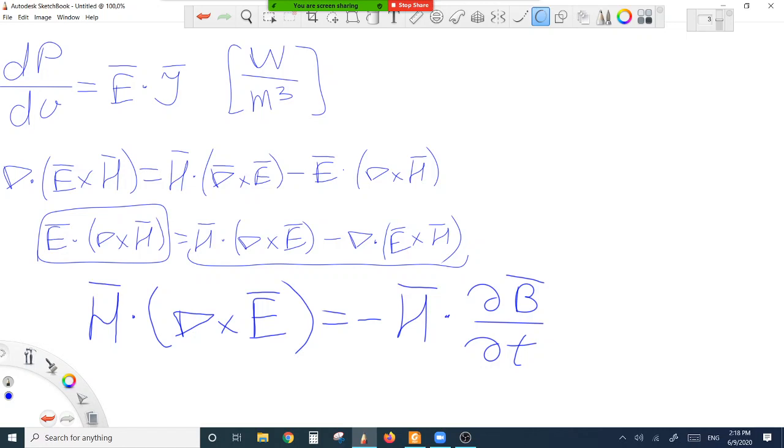As we mentioned earlier, all terms in this equation represent power densities, but now these are the magnetic power densities rather than electric power densities.